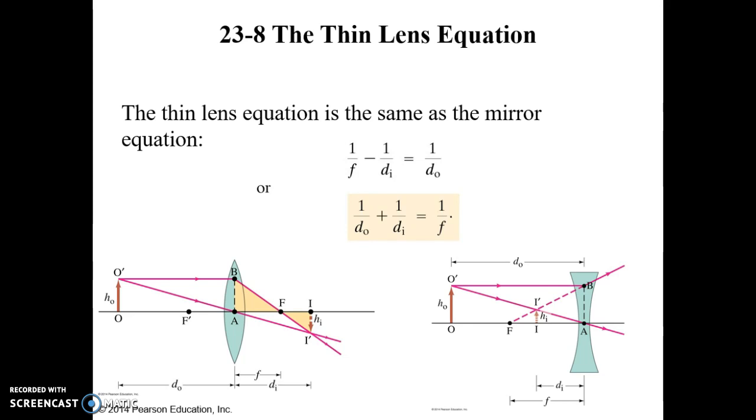And the height of the image is positive if the image is upright, and negative otherwise. Now, diverging lenses always produce an upright virtual image for any real object, no matter where the object is. Converging lenses can produce real inverted images or virtual upright images, depending on the object's position.